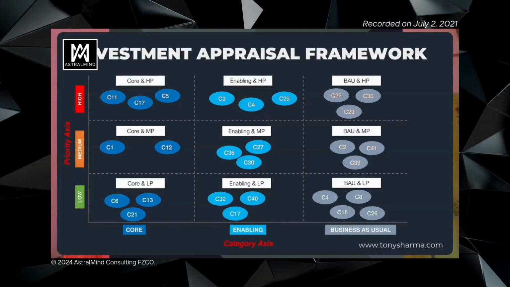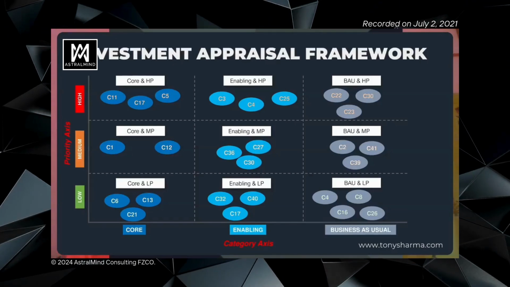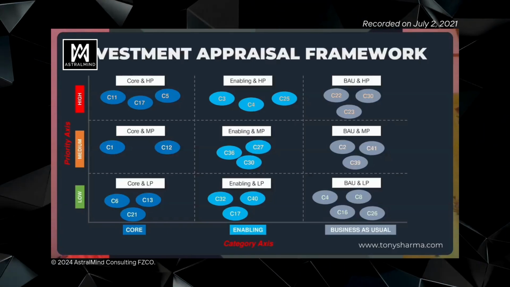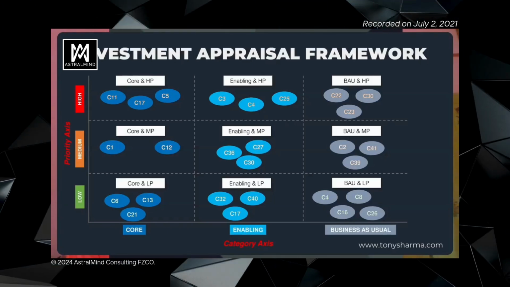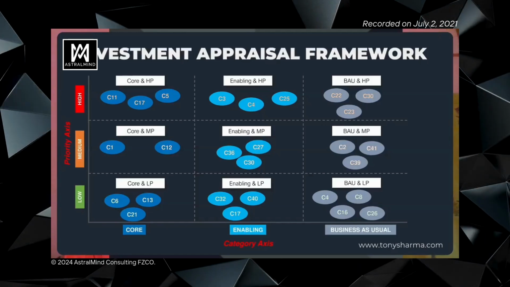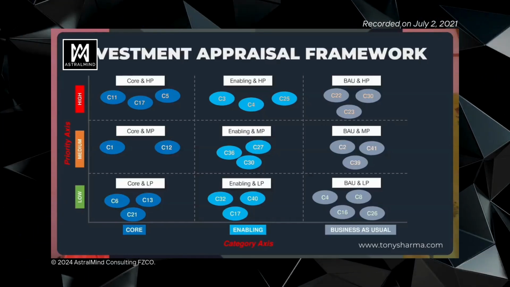So you have core and high priority, you have core and medium priority, you have core and low priority. So the more you are investing towards the high priority and core segment in this map, the better results or the better return you will get from your IT investments. So this is how this acted as an investment framework.